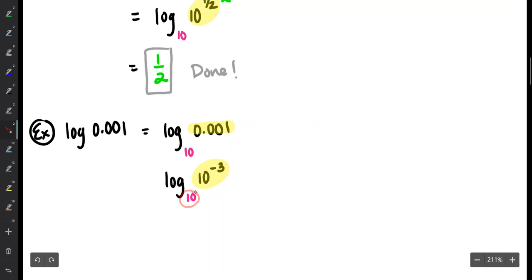Log base 10 is taking in a perfect power of 10, a perfect power of its base. All it's going to do is spit out the exponent. Answer, minus 3. Done.